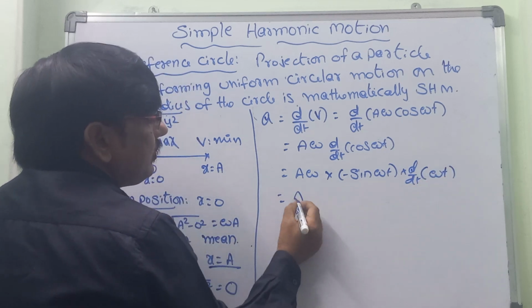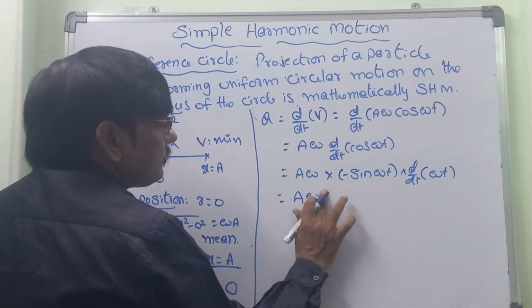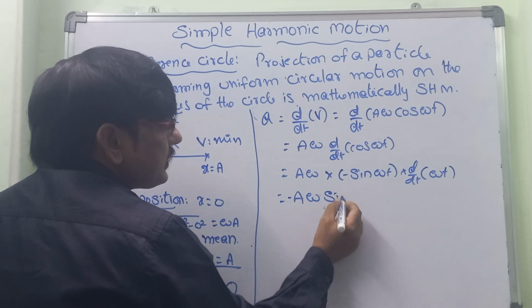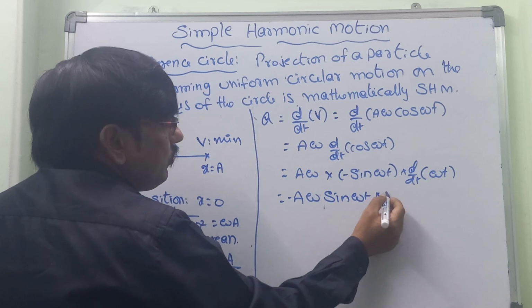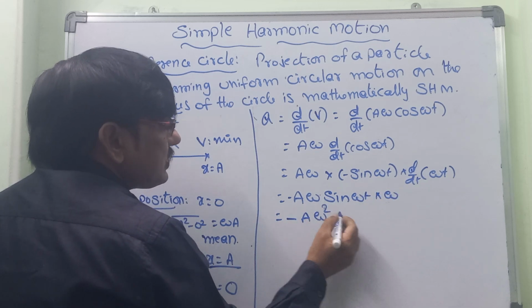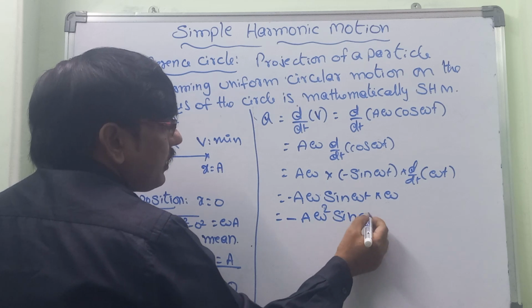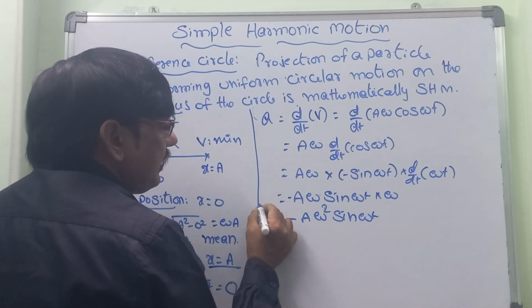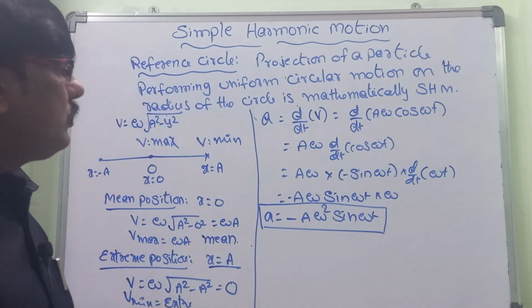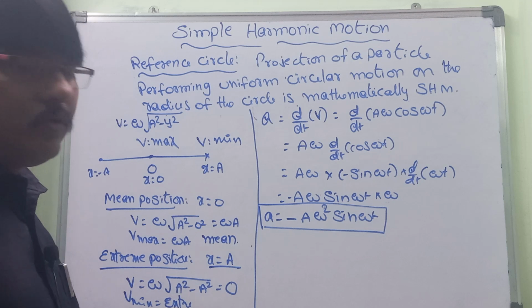So that is equal to minus a omega sin omega t into omega. Then ultimately, minus a omega square sin omega t. This is the formula for the acceleration. So acceleration a is equal to minus a omega square sin omega t.